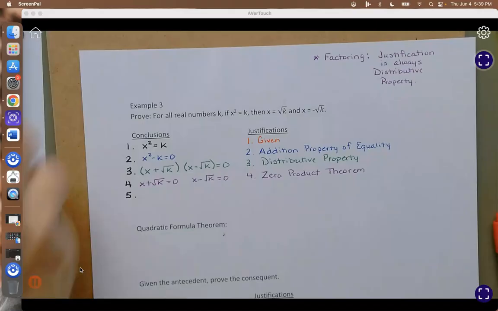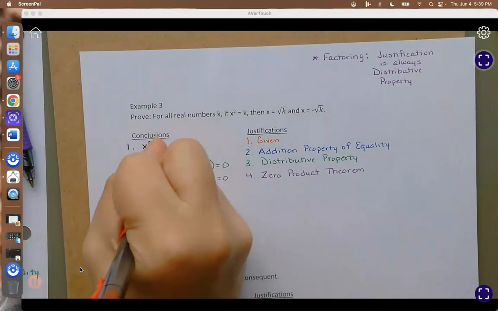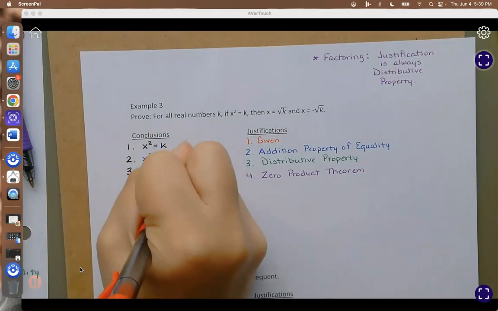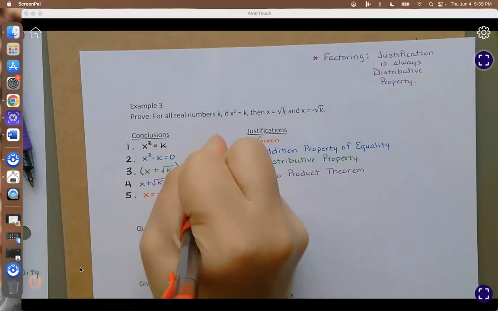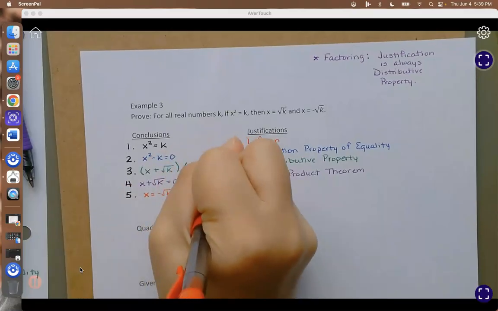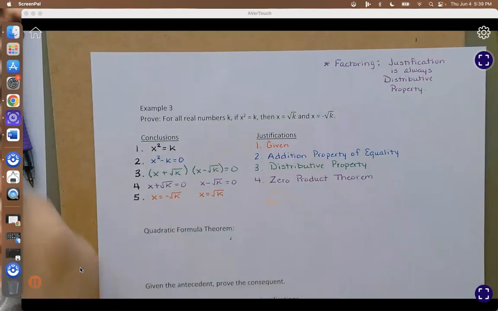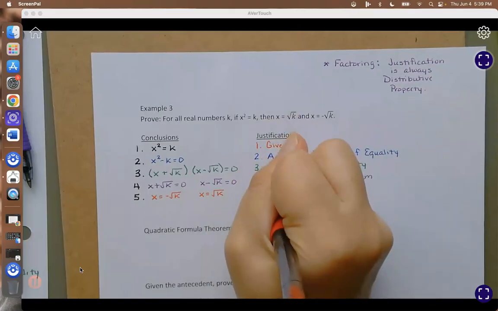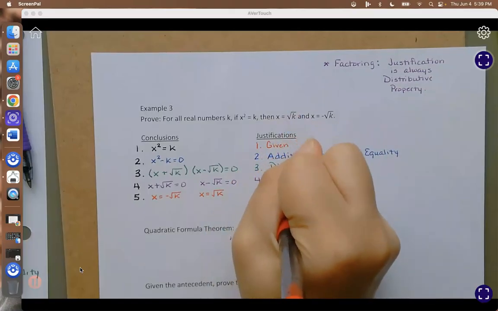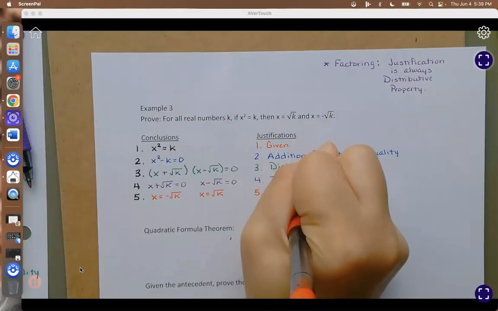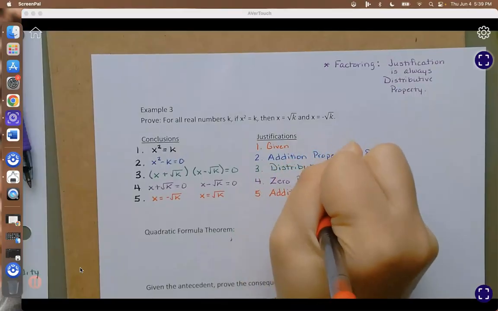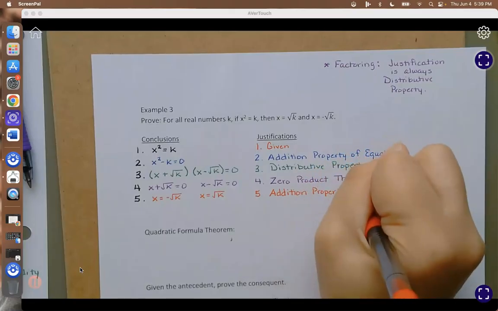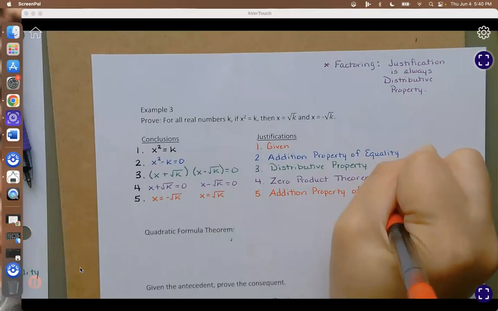Now, when we go to solve these, we're going to solve by moving this over by subtraction. I'm going to solve this one by moving it over by addition. Now we have what we needed, and this rule is also the addition property of equality.